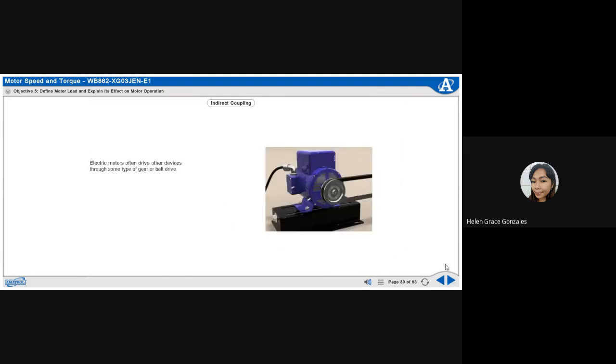Electric motors often drive other devices through some type of gear or belt drive. By using these types of systems, a motor is often able to drive a load much larger than it would normally be able to drive.